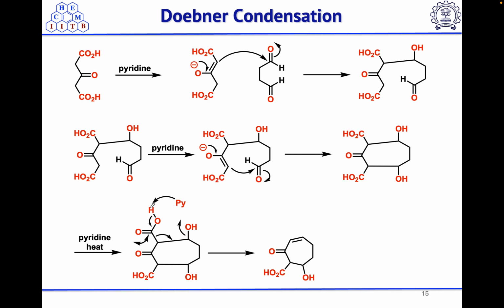Pyridine will take the proton, then this OH bond will break, this will go and this will fall back, and this hydroxy group elimination will happen. So in the same pot, first CO2 elimination followed by dehydration gives this alpha beta unsaturated product, and the downside also the same will happen.